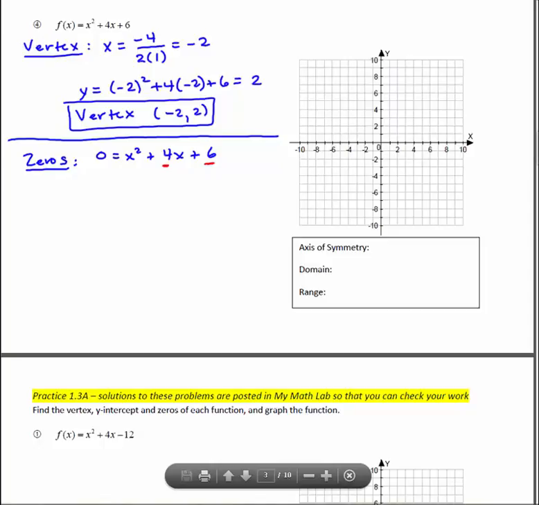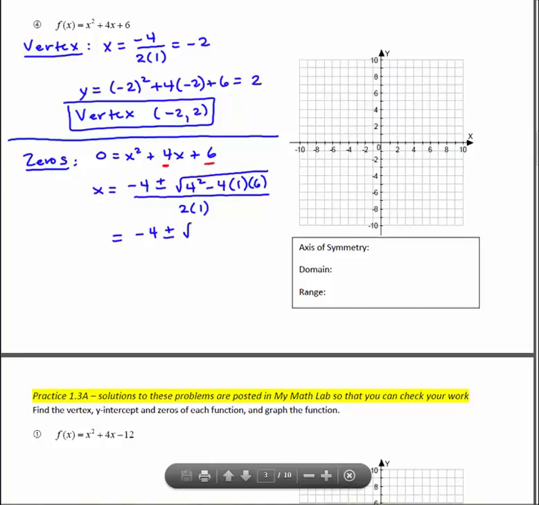So we're going to have to fall back on our quadratic formula again. X will be minus b, negative 4, plus or minus the square root of b squared, 4 squared, minus 4 times a, which is 1, times c, which is 6, divided by 2a.